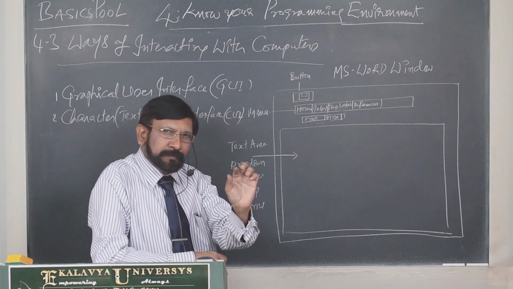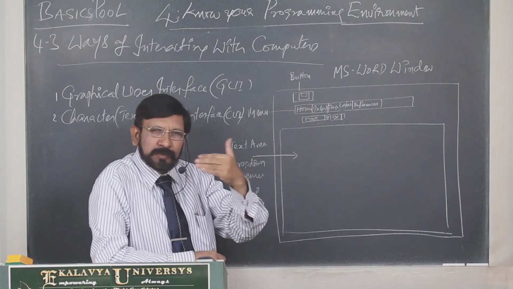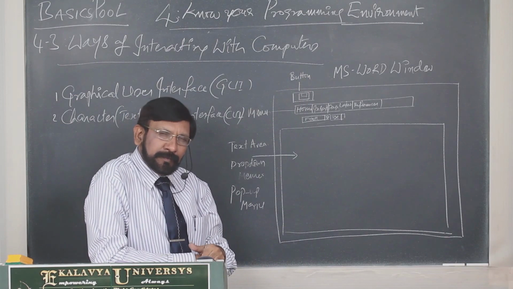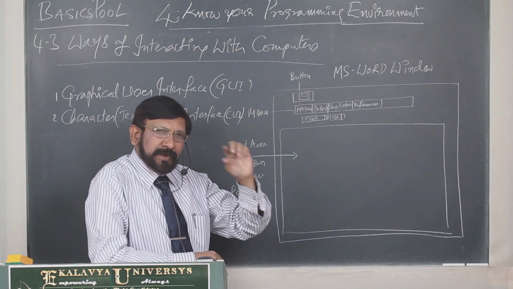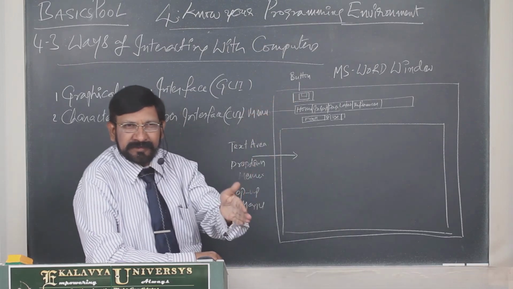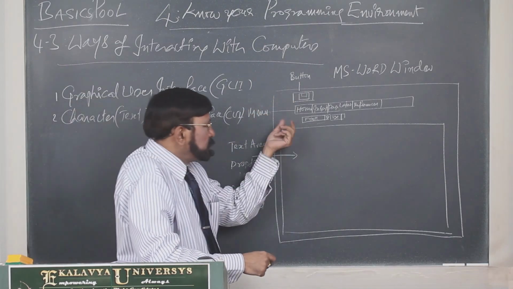So generally, buttons represent an individual, independent action. Saving is an independent action, so a button is created for that. But in most cases, it may not be an independent action; a collective action, a series of actions are grouped. For that purpose, menus are created.